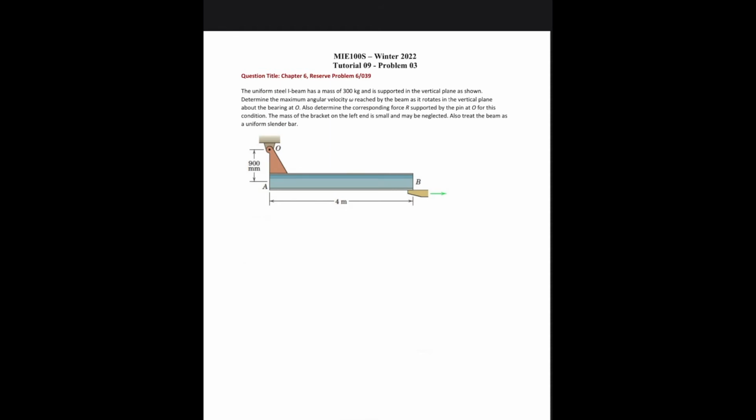Now for our last problem, number 3, we've got a uniform steel I-beam that has a mass of 300 kilograms and is supported in the vertical plane as shown. Determine the maximum angular velocity reached by the beam as it rotates in the vertical plane about the bearing at O. Also determine the corresponding force R supported by the pin at O for this condition.